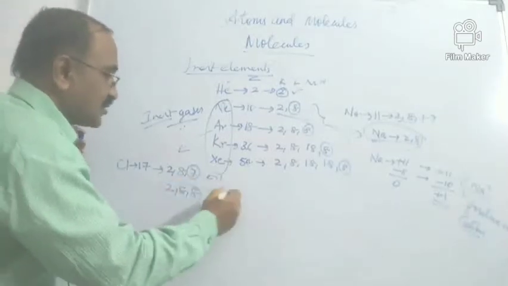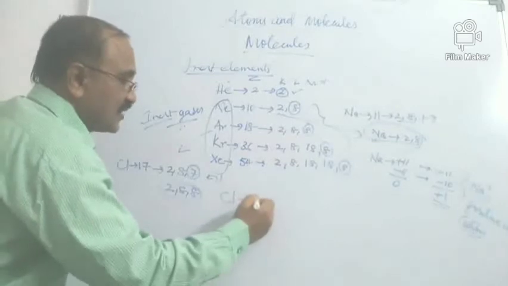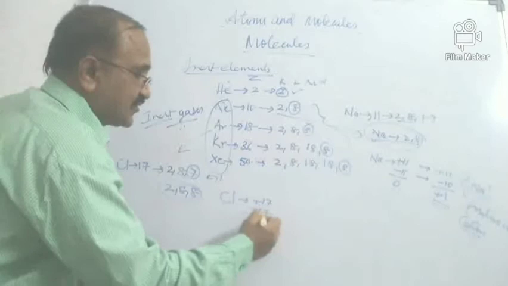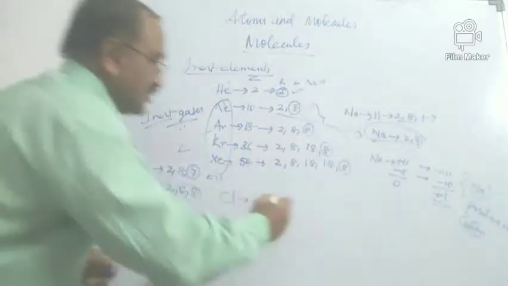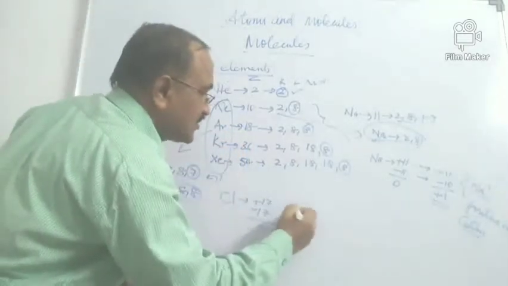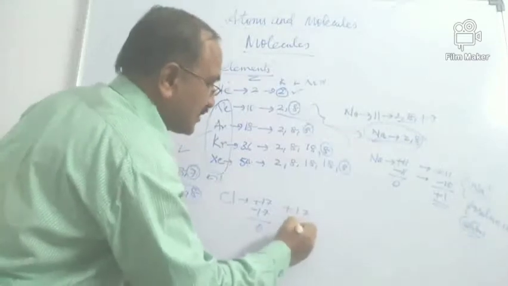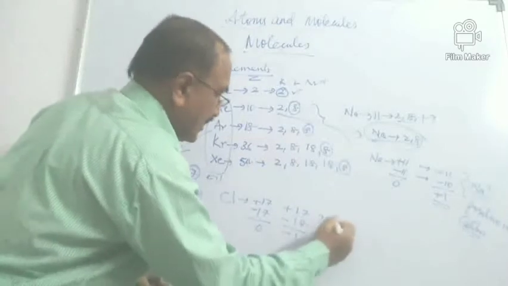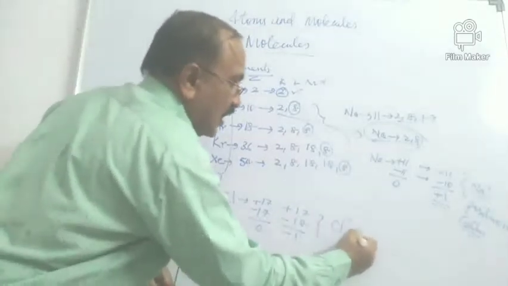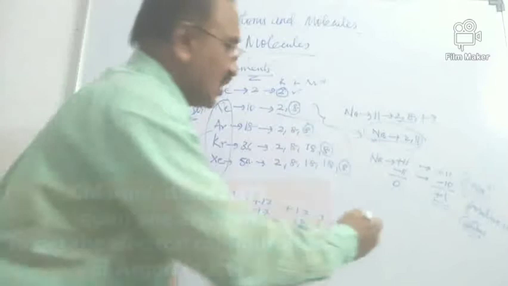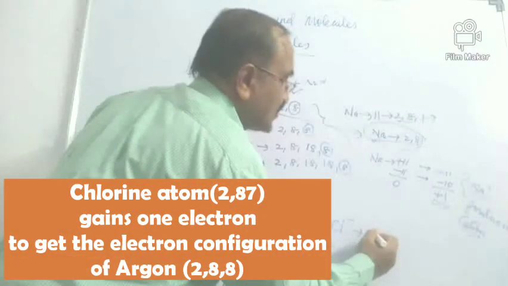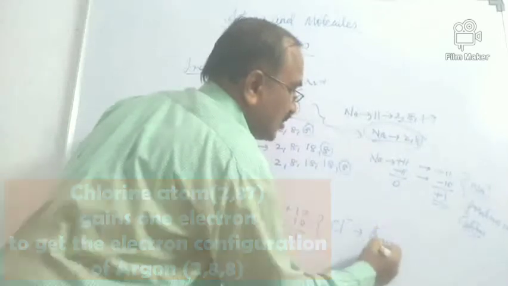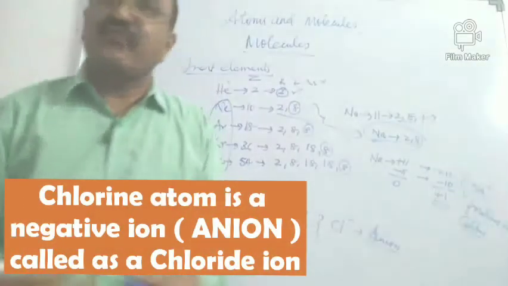Chlorine has 17 protons and 17 electrons, which makes it a neutral atom. But as it gains one electron, it has 18 electrons, so the charge becomes -1. That makes chlorine a negatively charged atom, called an anion. A negatively charged ion, we call an anion. Thus we find that ions are formed.